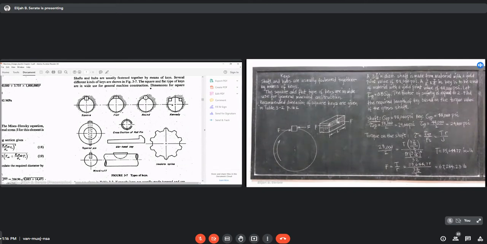But the most common is a square key, and then you have a flat, then a round key, then a tapered pin, then a gib head key, and then involute splines. These are all different kinds of keys. But the most common that we will discuss is the square key.